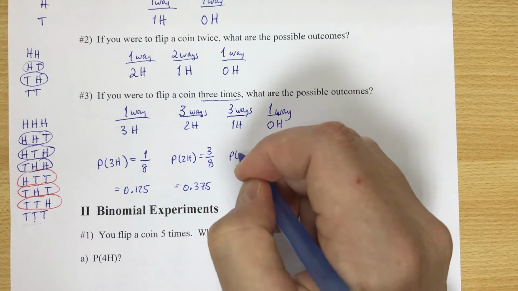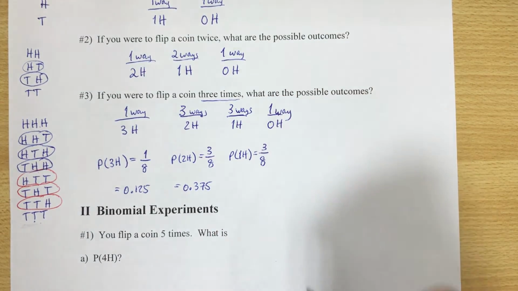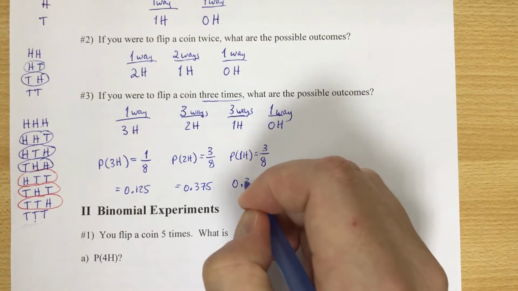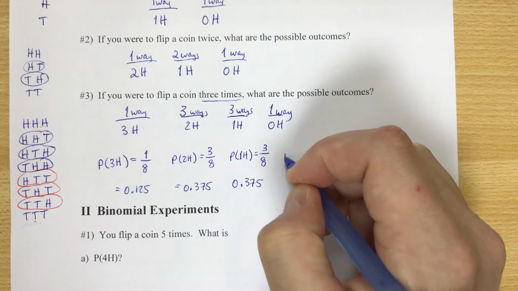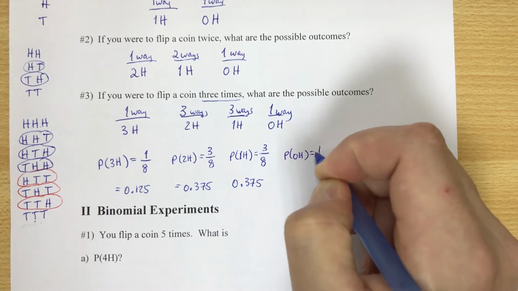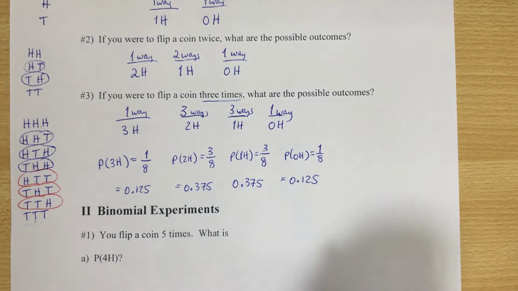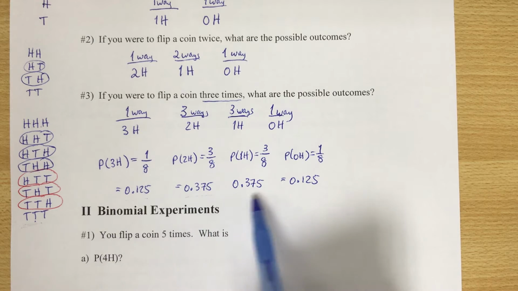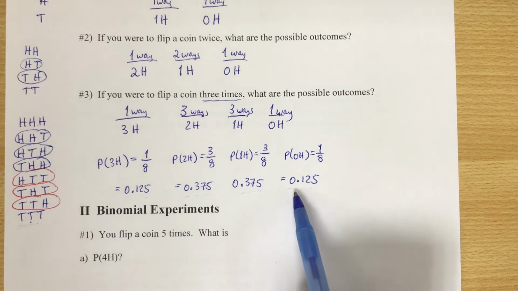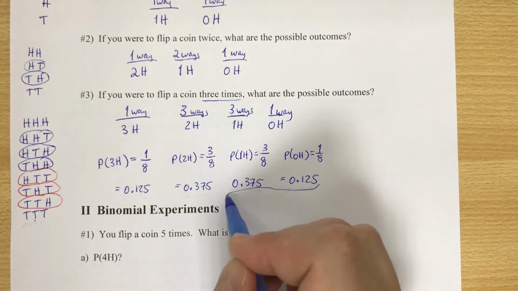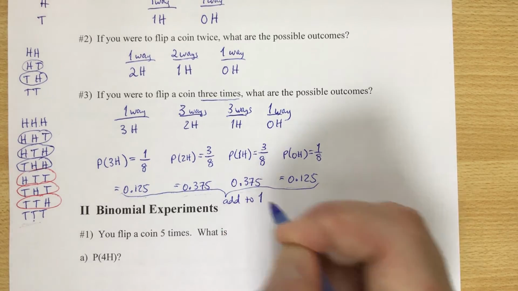The probability that we get 1 heads is also 3 ways out of 8 possible outcomes, so that's also 0.375. And to get no heads, there is 1 way out of 8, which is 0.125. Now this is a valid probability model because all 4 of these probabilities add up to 1. Again, we always have to have all the outcomes add to 1.